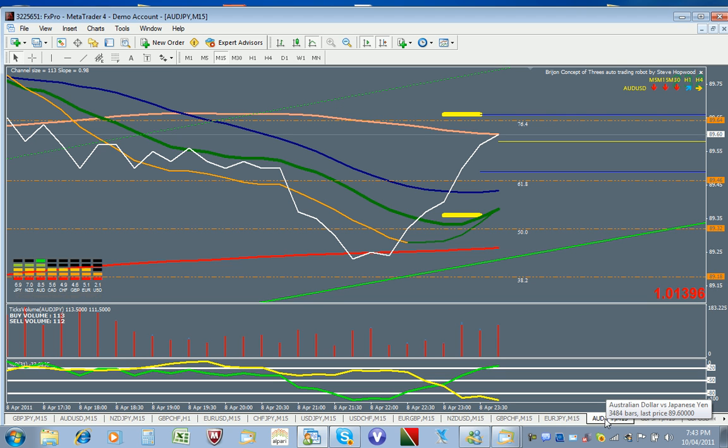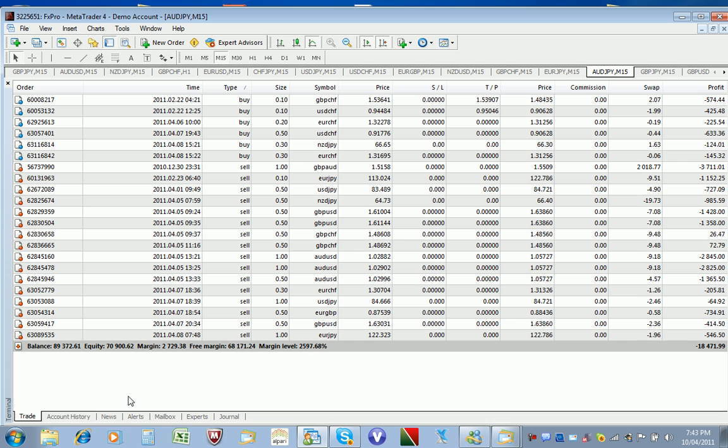Okay, going back to the principle, the trades have grown in just over a month from 50,000 to 89,000. The equity is 70,000. The margin is 2,279. The free margin is 68,000, and the margin level is 2597.